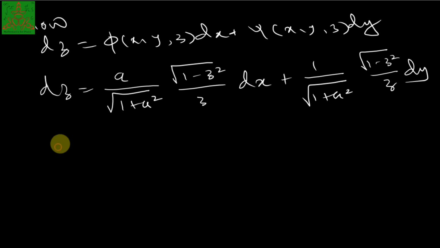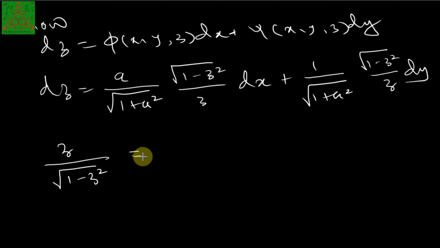If you take this quantity to the other side, that will give me z dz upon the square root of 1 minus z square equal to a dx plus dy upon the square root of 1 plus a square.